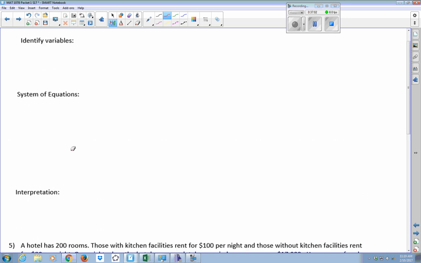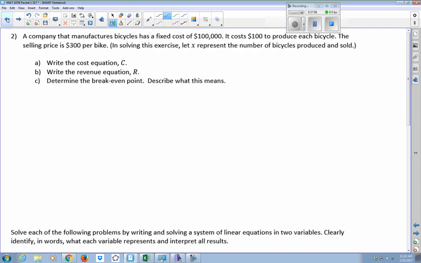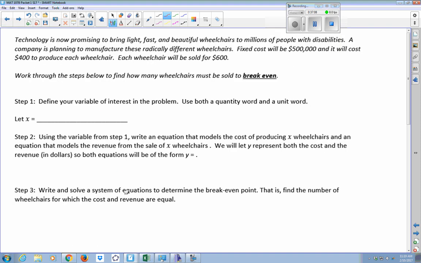No, number 4 would be the one where you could do your table. A break-even problem, you have 1 and 2. Number 1 takes you step by step, and then number 2 doesn't take you step by step anymore, but is now asking you to perform those steps on your own. Please let me know if you have any questions. I'll be glad to help you.